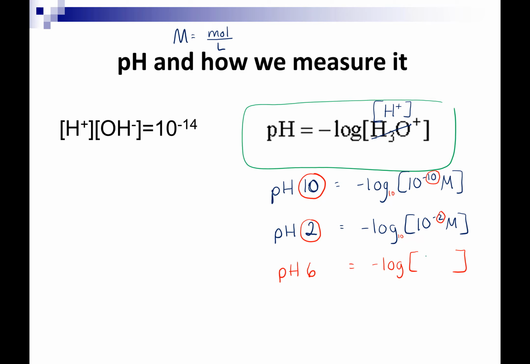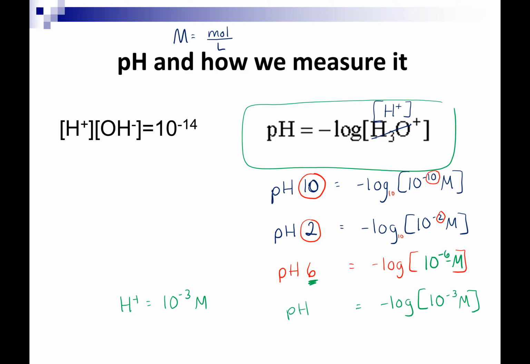You should write 10 to the minus 6 molar. So you have to have your units. That's telling us concentration. You just take this 6 and you put it up in the exponent. And so if I said my hydrogen ion concentration in my solution was 10 to the minus 3 molar, what would be the pH?